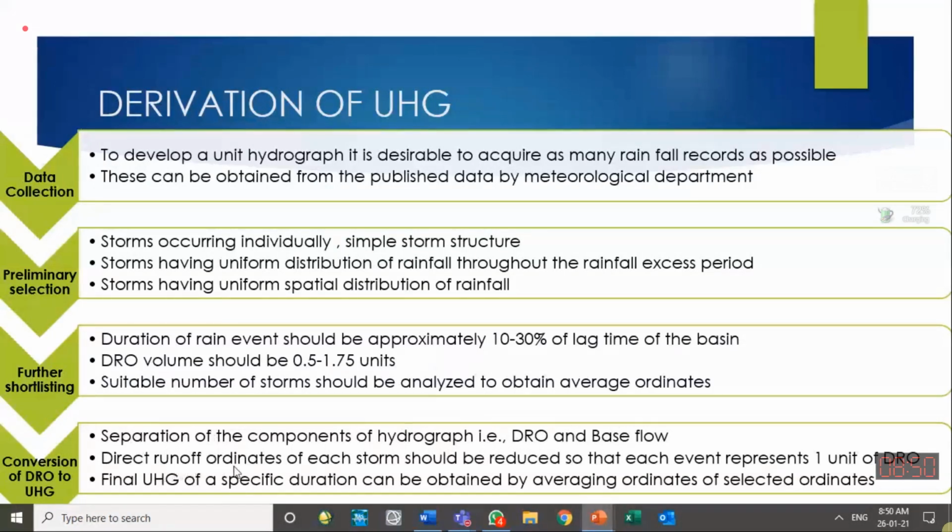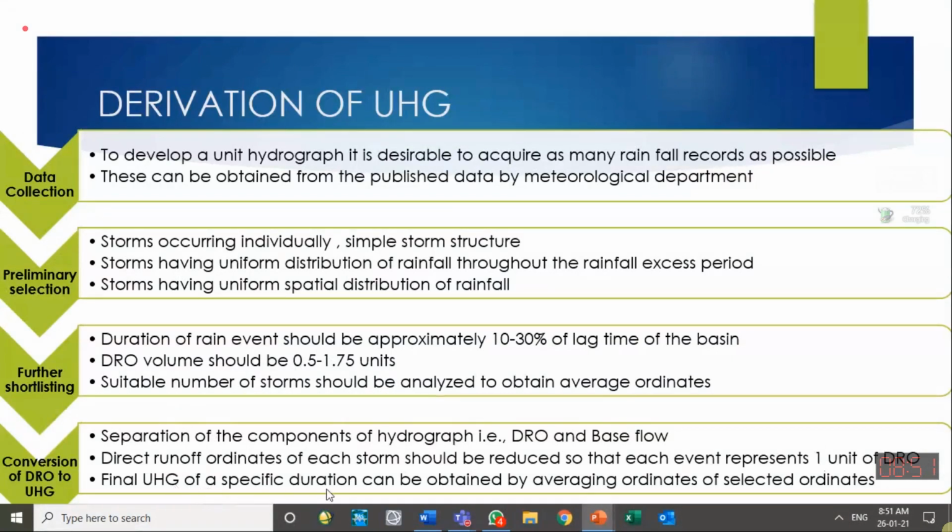Then the DRO ordinates of each storm should be reduced so that each event represents 1 unit of DRO. When we have separated, we have got the direct runoff hydrograph. So normalize it by the effective rainfall that occurred in that catchment. We have to reduce it, or normalize it.